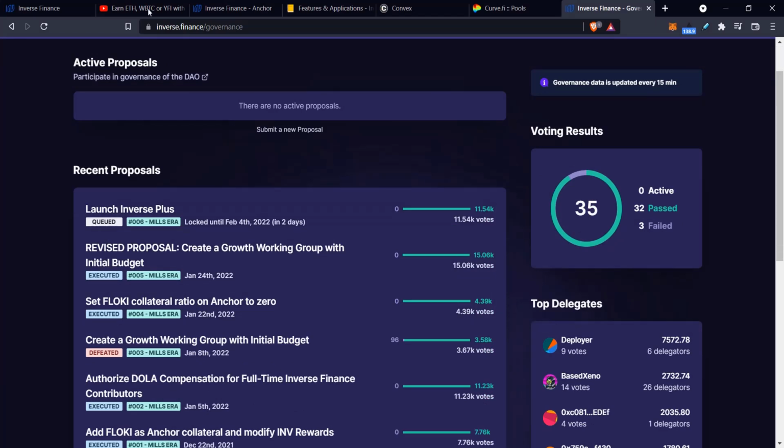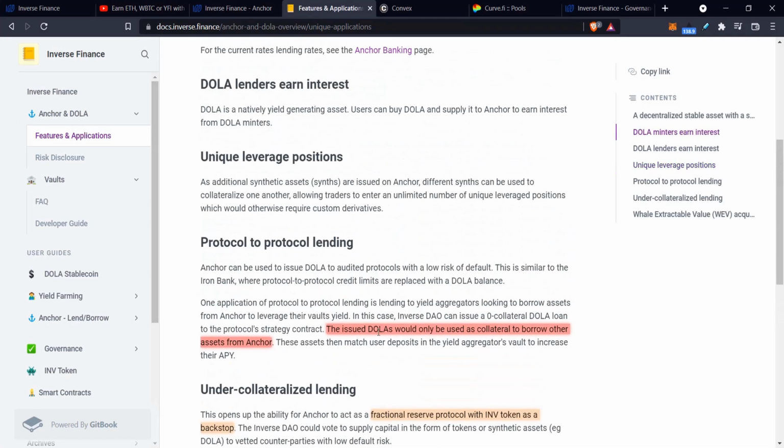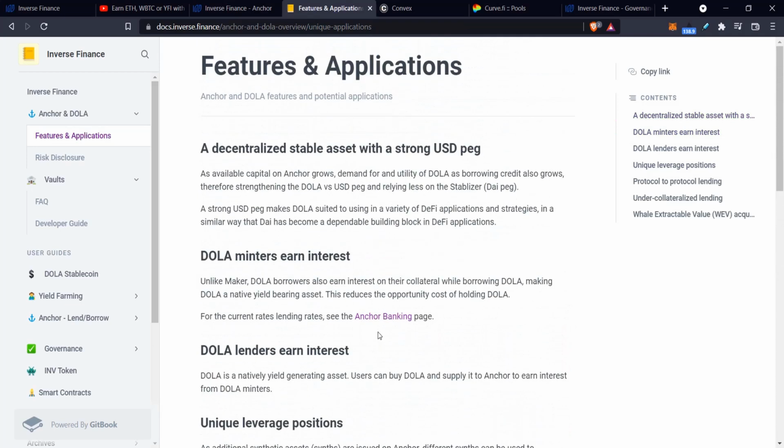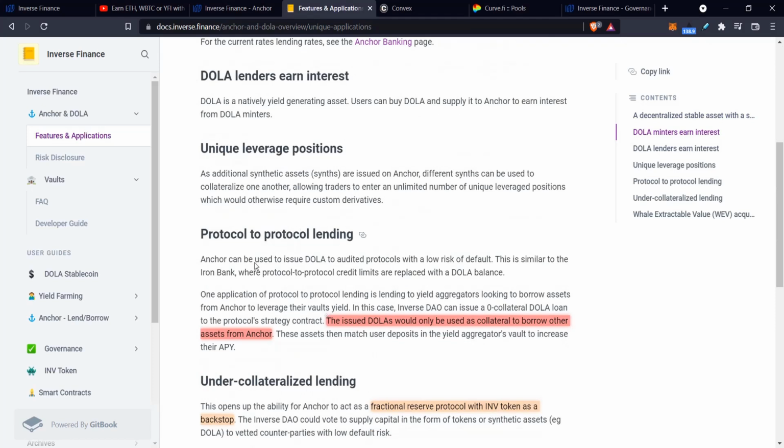So when I told you that the protocol can do some interesting things, let's go to the docs here and talk about some of those things, okay? One of the things that they tout here is that they can do protocol to protocol lending.